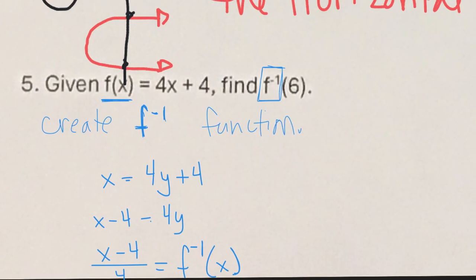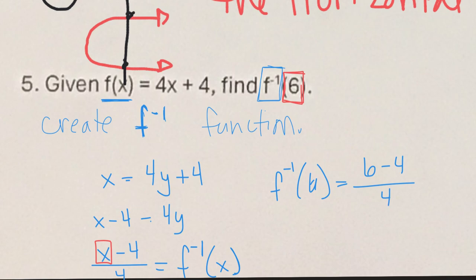So now, do I have a place to plug in 6? Yes, I'm going to plug 6 into x in my inverse function. So f inverse of 6 is 6 minus 4 divided by 4, which reduces to 1/2.